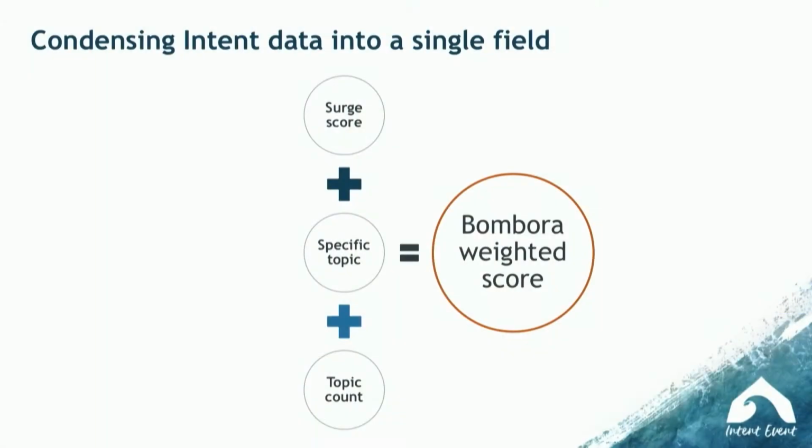We built what's called the Bombora weighted score, and this is a field name in Marketo. How this works, let's say that you are a lead and you belong to an account, you're in Marketo. Bombora pushes the data into Marketo into a custom object on the lead record, and it says this person surged on topics X, Y, and Z. We have campaigns set up for 50 topics, as well as a field set up for each topic.